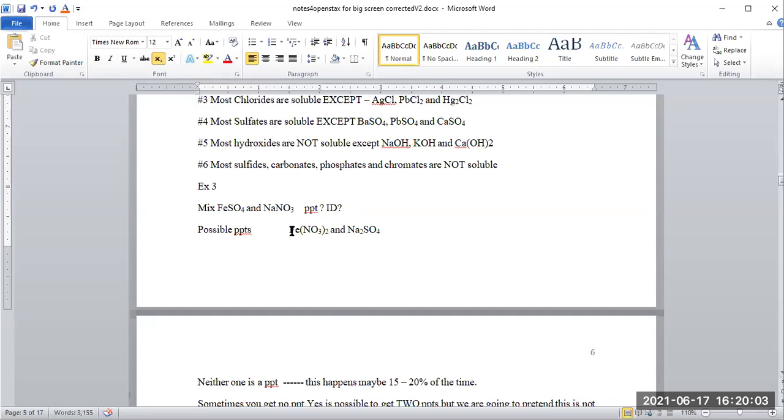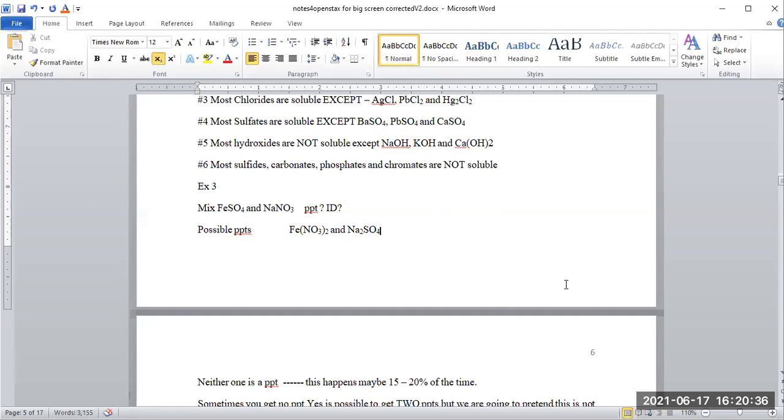Okay, so it's probably not this one, because it's nitrate. Nitrates, we're saying, don't make precipitates, don't make solids. But if I go over and look at my second one, it starts with a sodium, so that means it's probably not a solid. And even if I look at the end of it where the sulfate is, it's not one of my exceptions.